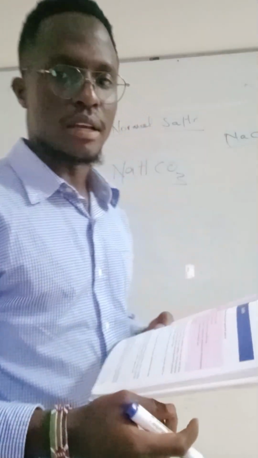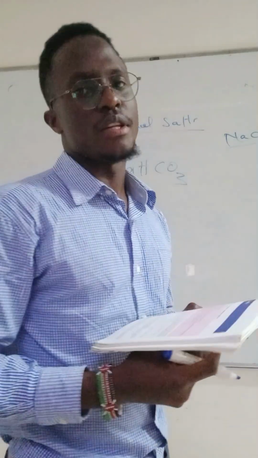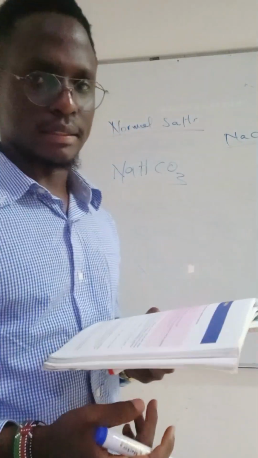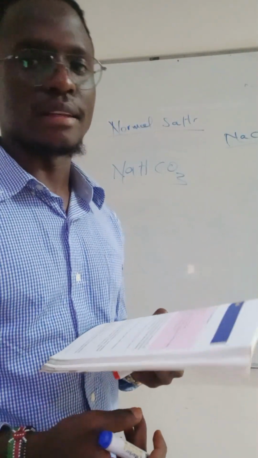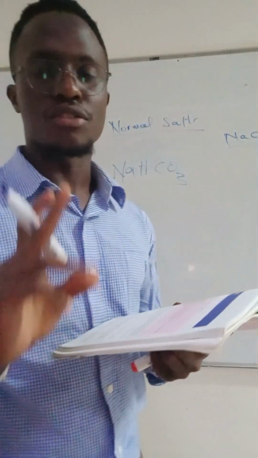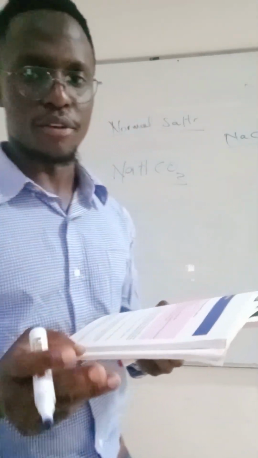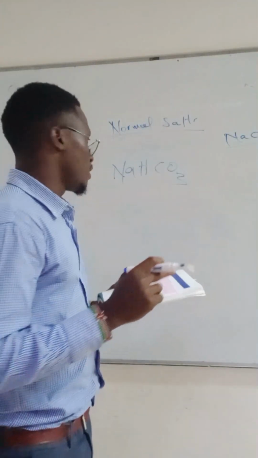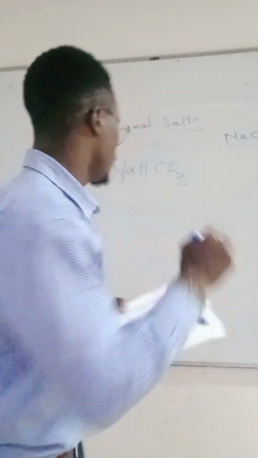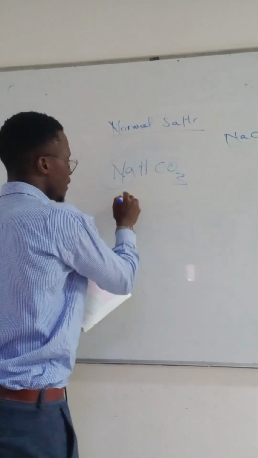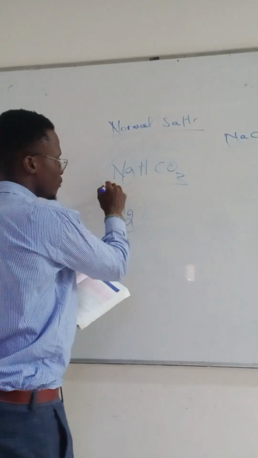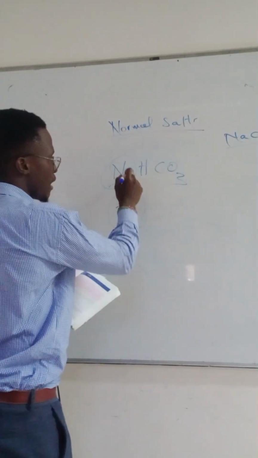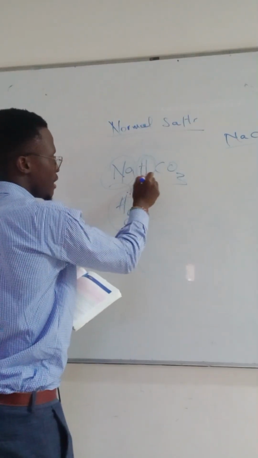Sodium hydrogen carbonate is formed from carbonic acid, and carbonic acid has two hydrogen ions. Sodium will replace one of the two, and then we have sodium hydrogen carbonate.